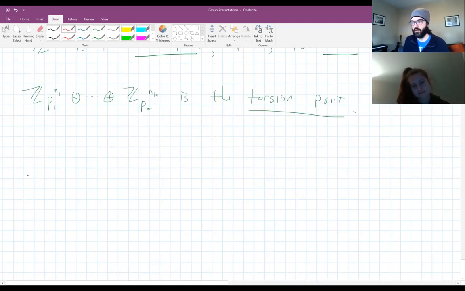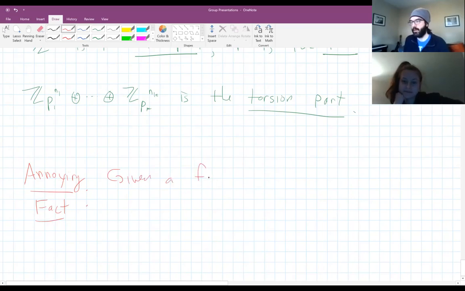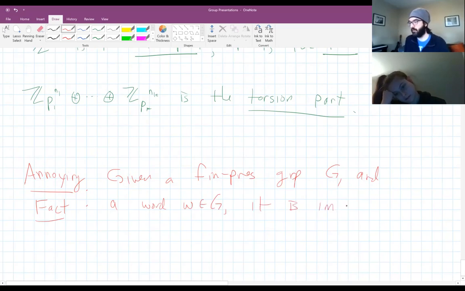Now here is an annoying fact. Given a finitely presented group G and a word W in G, it is impossible in general to determine if W is the identity element.